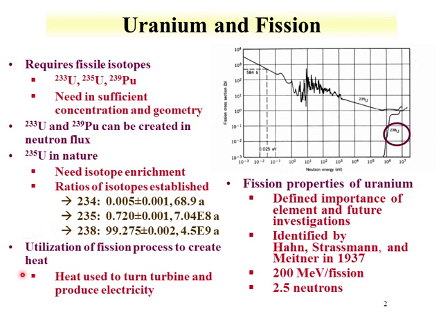From the fission process, heat is created, about 200 MeV per fission, and this heat is used to turn a turbine and produce electricity in a nuclear power plant. The fission properties, which were defined in 1937 by Hahn, Strassmann, and Meitner, really underscored the importance of the element and helped define future investigations.